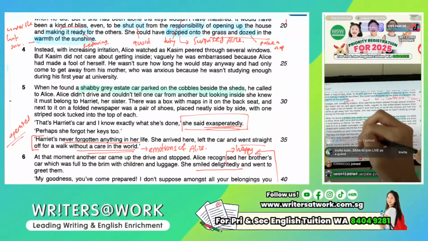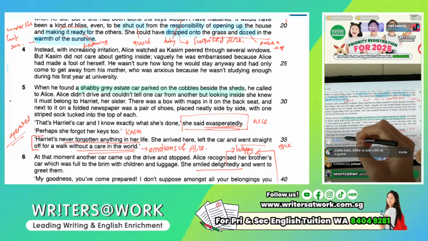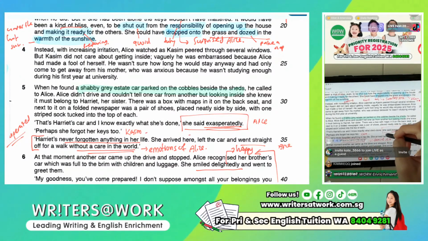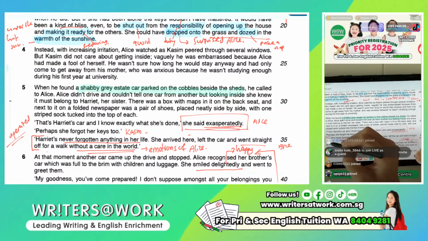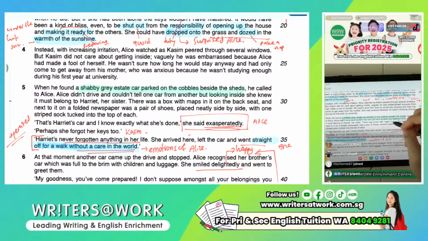So basically this could be what Kasim said. Okay, this is Alice. Then Alice continued by saying, "Harriet's never forgotten anything in her life. She arrived here, left the car, and went straight off for a walk without a care for the world." So you can see when she said something exasperatedly, that means she is very irritated or annoyed by Harriet.